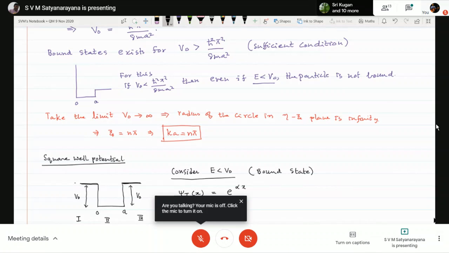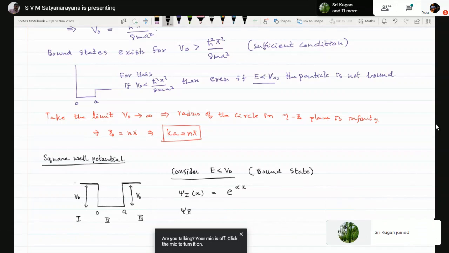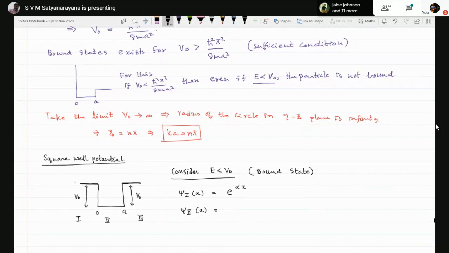And psi2 of x is B cos kx plus C sin kx, and psi3 of x is equal to D e to the minus alpha x.